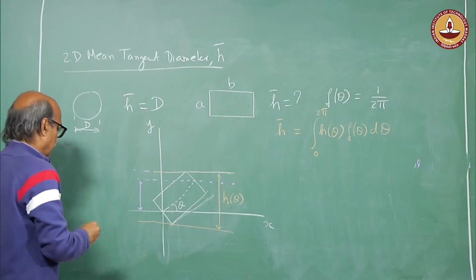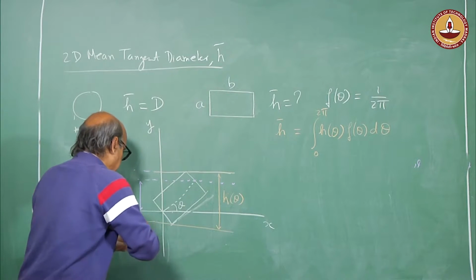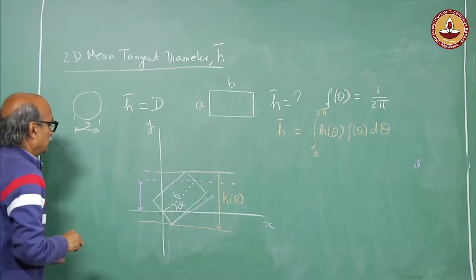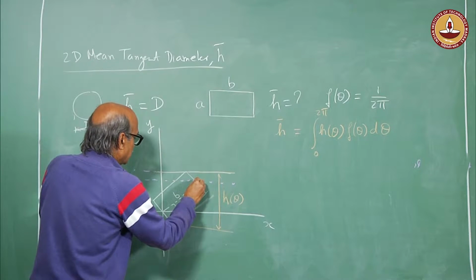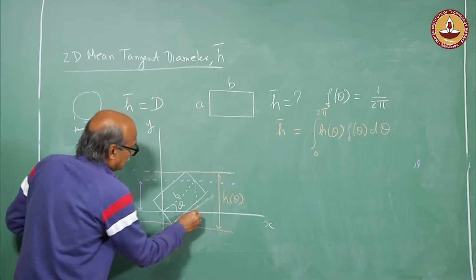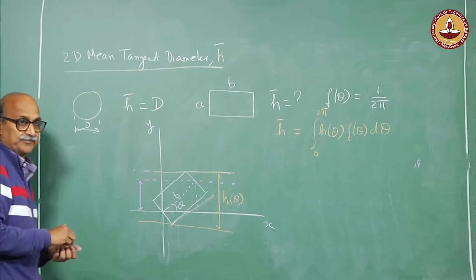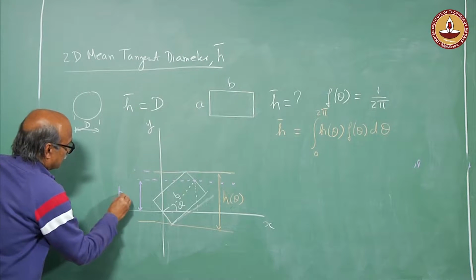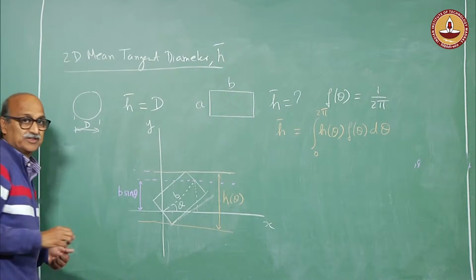How much is this? Well, this length is b. So, clearly this length would be nothing but, if I consider this triangle, b sin theta, right.